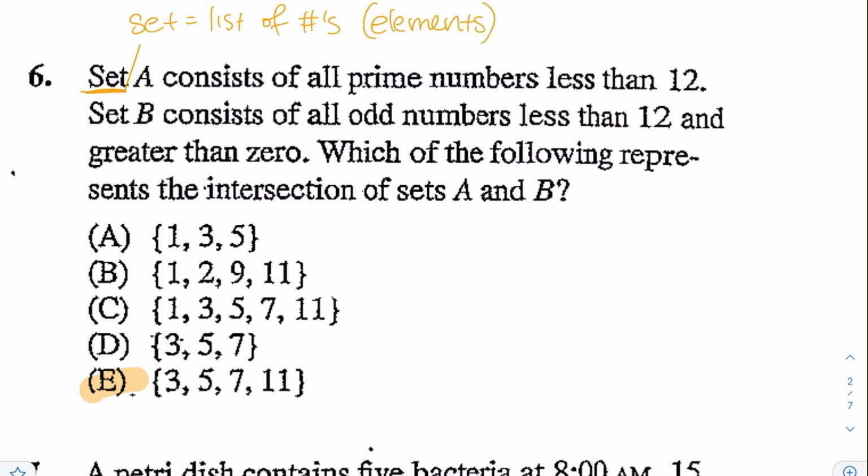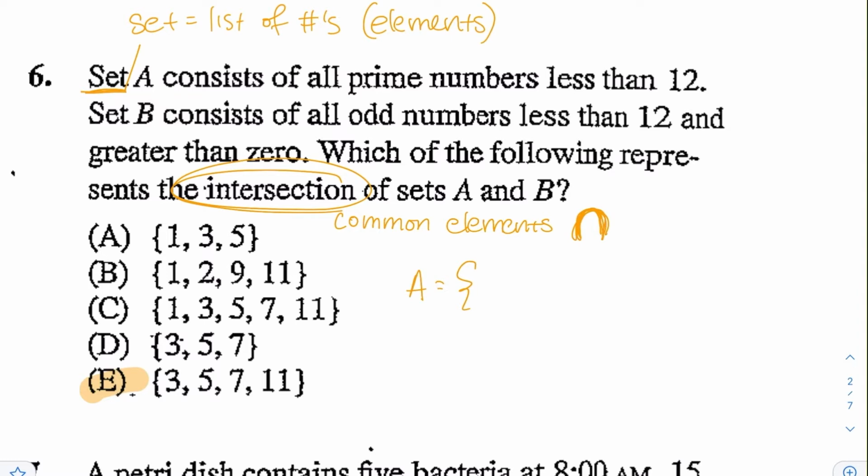Now here, we're looking for the keyword intersection. So intersection represents the common elements in both of these sets, and it's represented by this symbol, like an upside down U. So for set A, you can denote the set using these curly brackets.